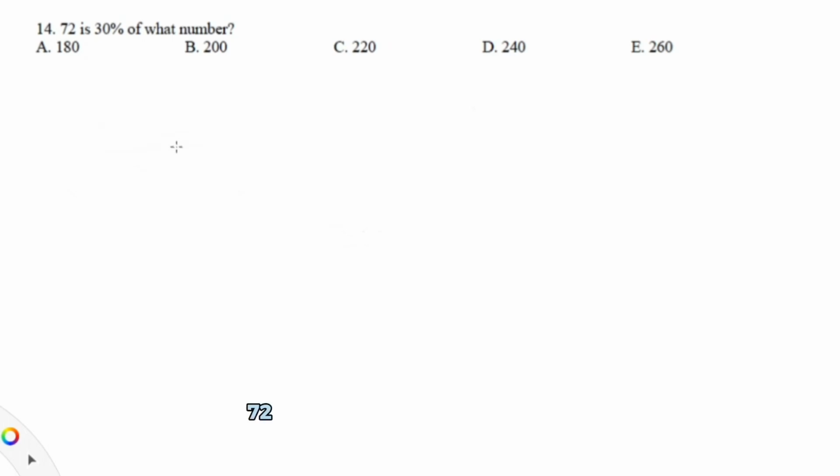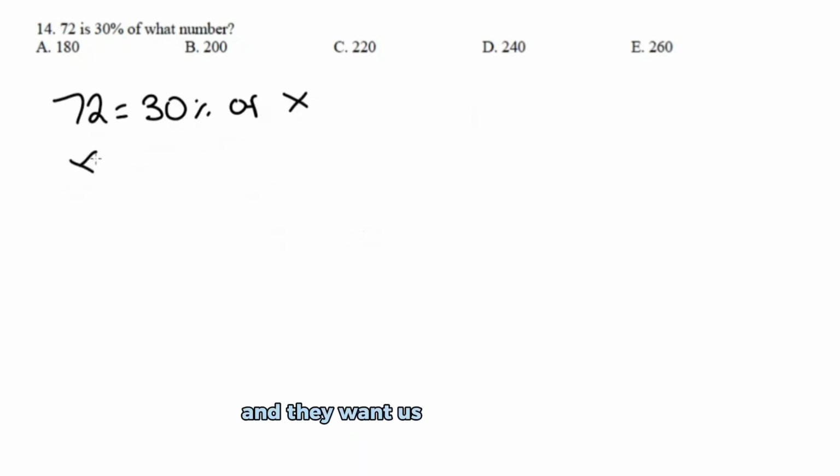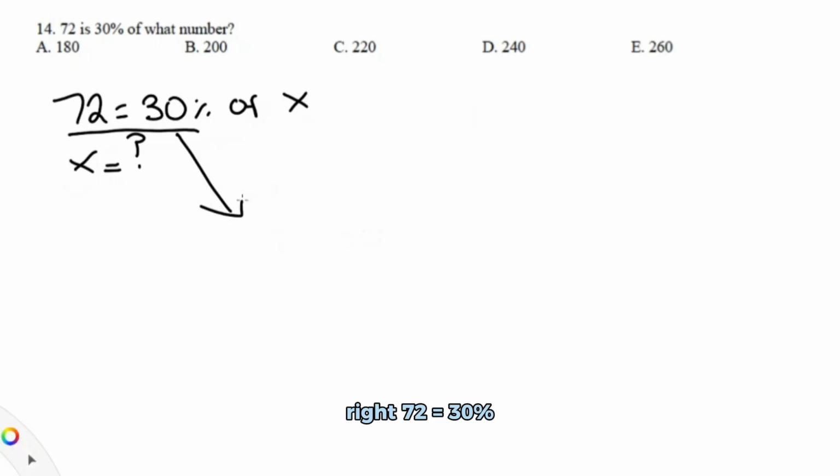Next, 72 is 30% of what number? All right, so this is saying that 72 is 30% of x, and they want us to find what x is. So before we solve this problem, we need to see how we can break this statement down, right? 72 equals 30%.